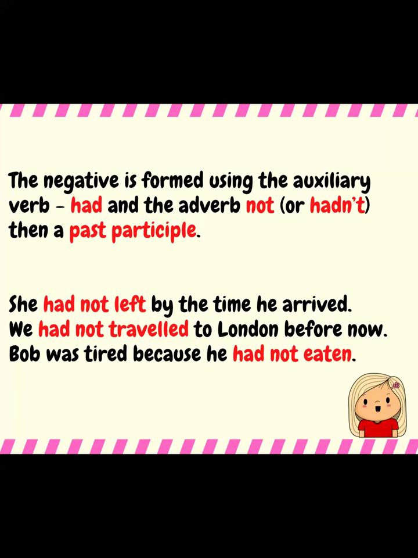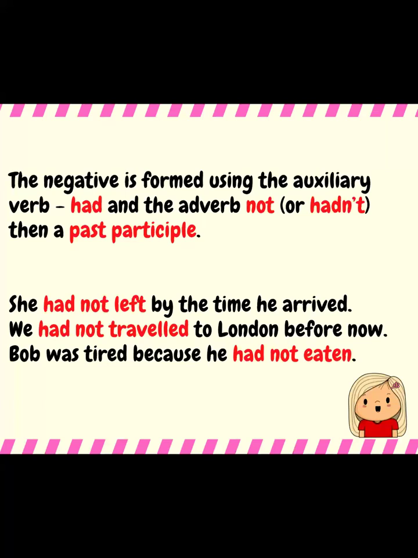And that would become our verb chain, hadn't or had not, and the past participle. So we had not left, or hadn't left, by the time he arrives. So again, it is sequencing things that have happened before the other event.